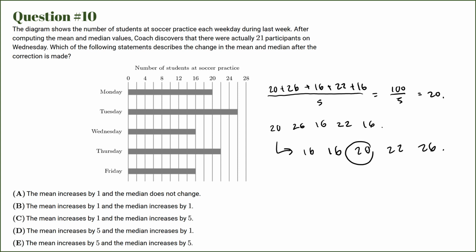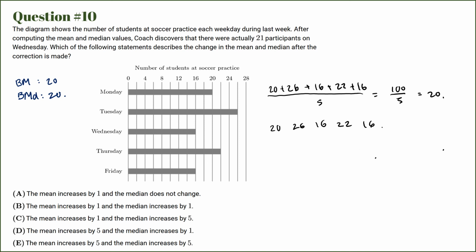So 20 is also the median. So the mean and the median before the correction are both 20.